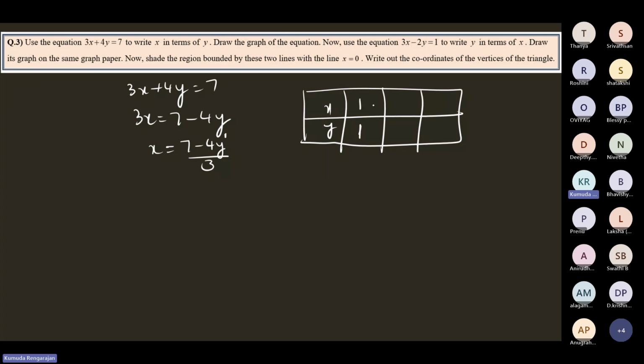When y is 1, x is also 1. Now that you have found the first value, finding the other values will be very convenient. It's easy to plot the point 1, 1.